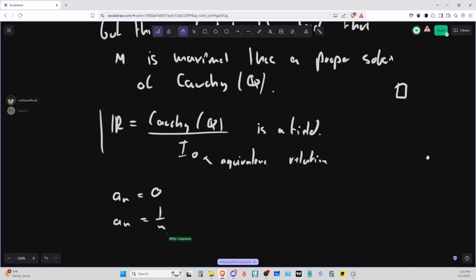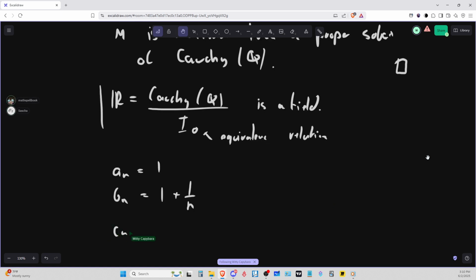Maybe I will take a better example. For example, I want to represent 1. I can take the sequence which is constantly equal to 1. I can also choose something else, for example, 1 plus 1 over n. That would be a good choice. If I want to be a little bit funky, I could choose 1 over 2n, right?